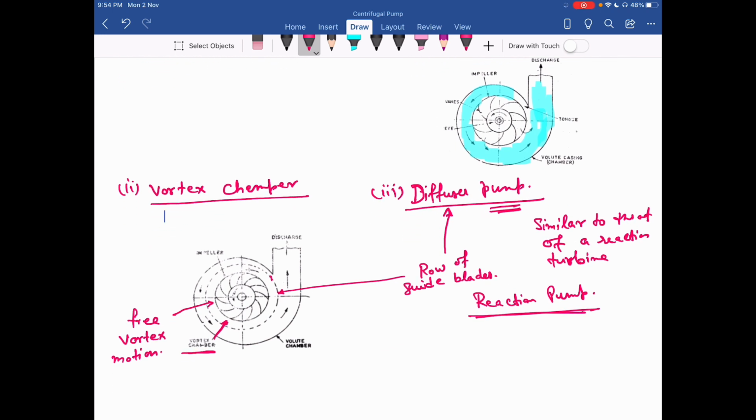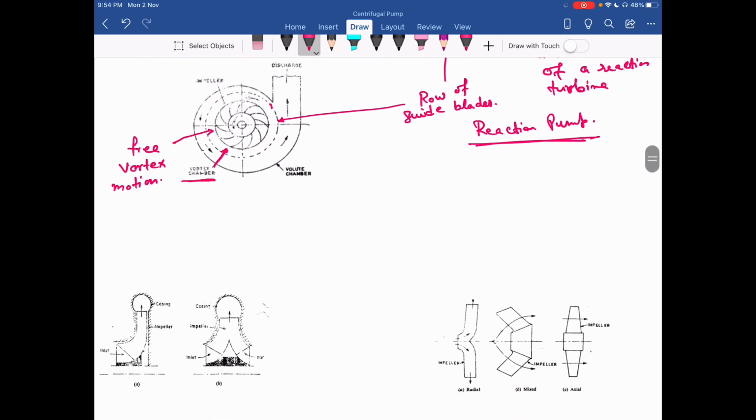Then next classification is the fourth one, on the basis of direction of flow of water.